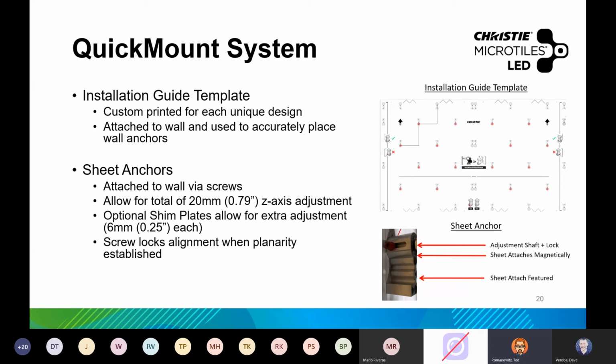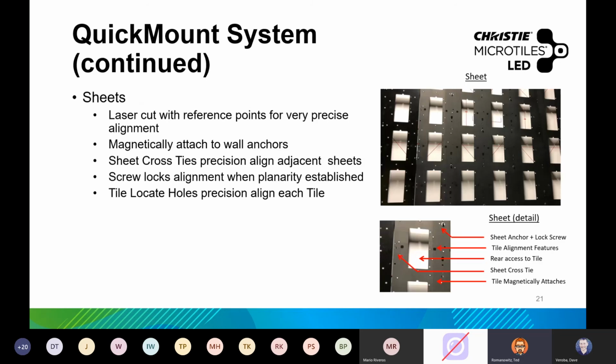Most LED walls out there have only 2 or 3 millimeters of adjustability. So then you have to do quite a bit of work with shimming and getting the wall into perfect planarity. With our system, you don't have to worry about that as much. These optional shims really make it quite easy. So what you do is you attach the sheet, which I'll talk about in a minute, and you do a laser level. Why don't we go to the next slide, and I'll talk a little bit about the sheets.